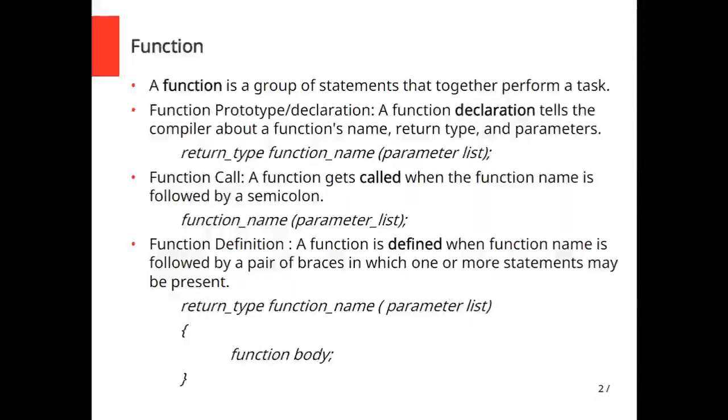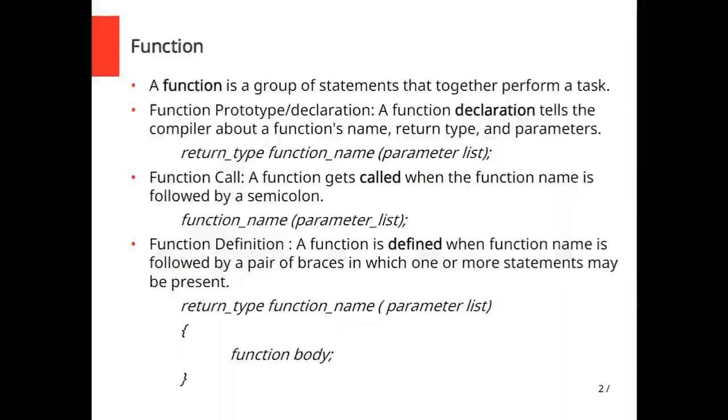In connection with functions, we need to understand a few terms. First one is function prototype or function declaration. A function declaration tells the compiler about a function's name, return type, and parameters.